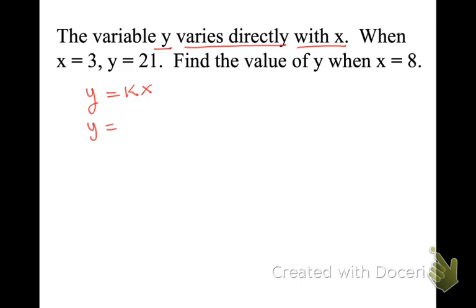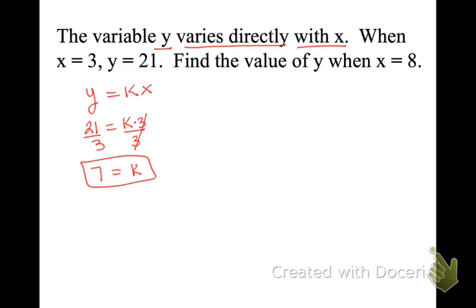It says y is 21. They want you to first find your k, your constant of proportionality. 21 is your y. K stays there, times 3. And then we're going to get the k alone. And so we're left with k equals 7.